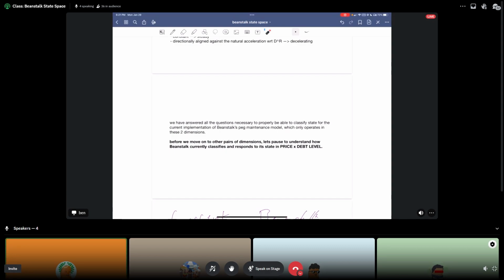Sure, you could have the situation where there's no demand for soil. But without the silo, that would typically be a situation where the system would just fall and collapse. So it's only due to the efficacy of the silo at this point that that's not the case.